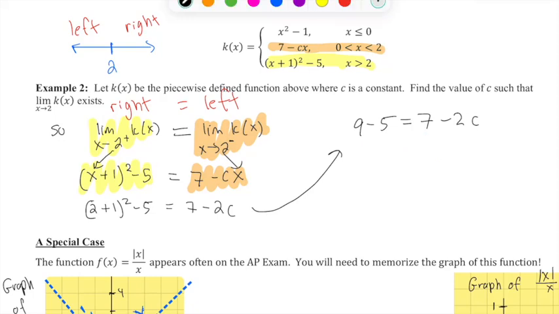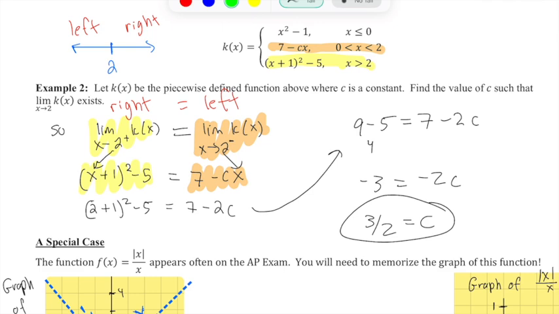So 4 minus 7 is negative 3, equals negative 2c. And if you divide by negative 2, you get 1 1/2 is equal to c. So if c is equal to 3/2, this function will have a limit at 2. Means the left-hand limit and the right-hand limit will be the same.